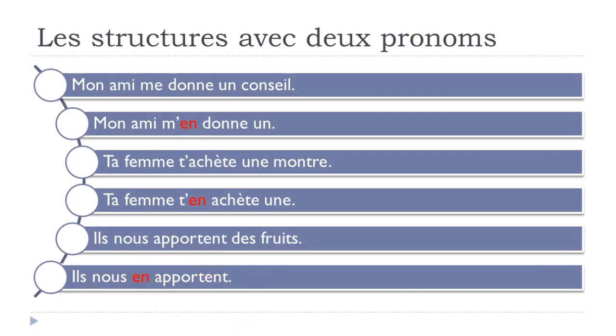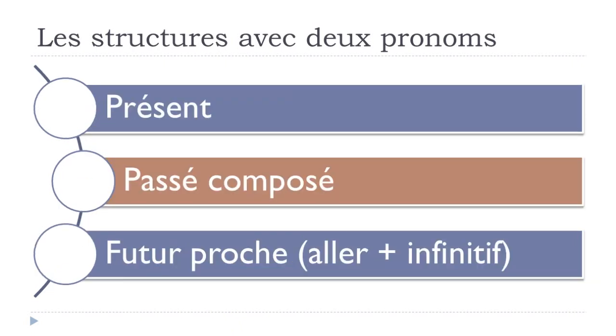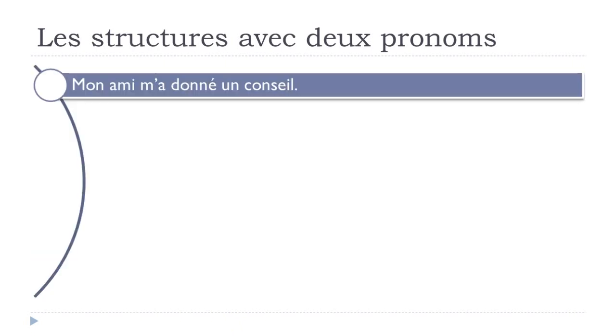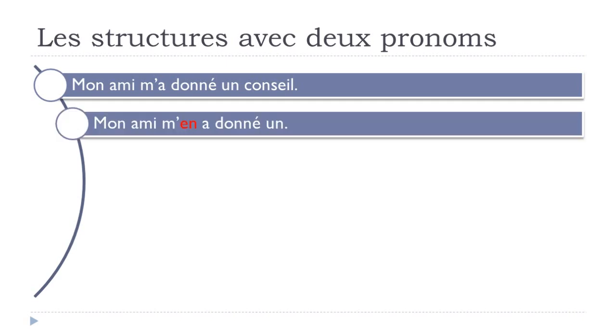So let's see now with the passé composé. Same sentence. Mon ami m'a donné un conseil. Mon ami m'en a donné un. It will be exactly the same thing, especially if you think that a donné, the thing that you see here, is only one verb.